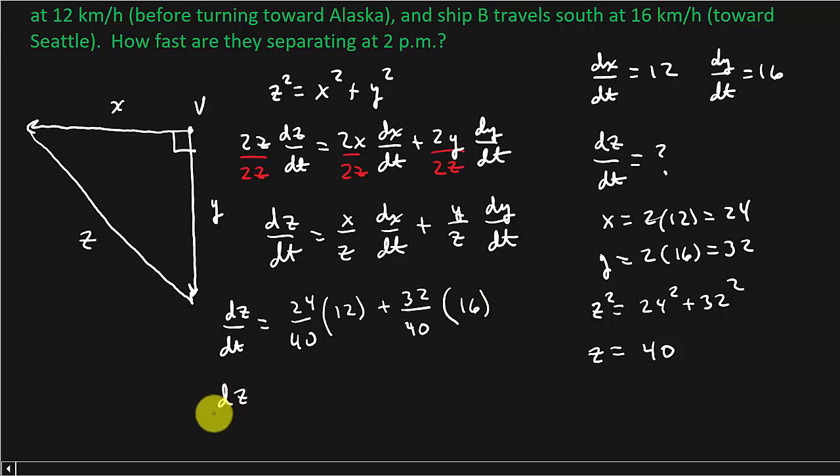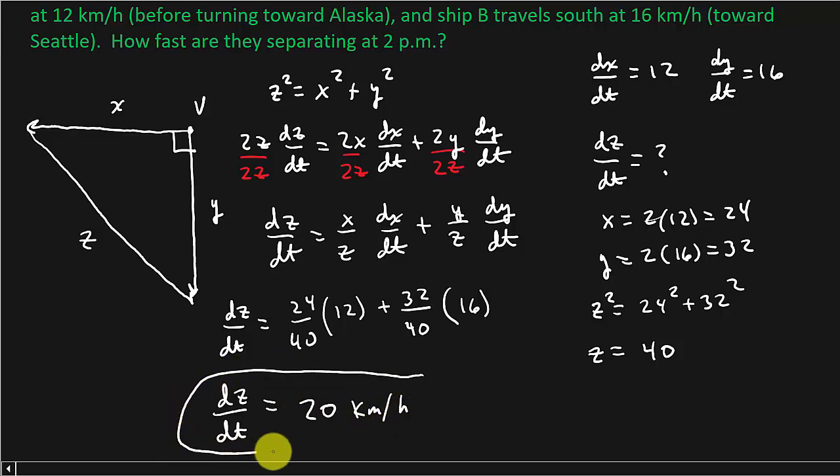And so I've got dz/dt is equal to 20 kilometers per hour. That's how fast the distance is changing.